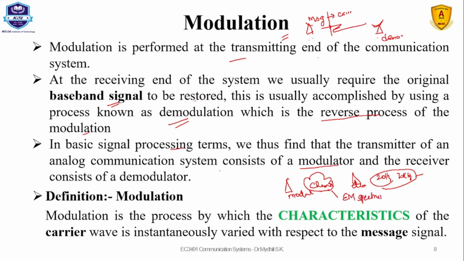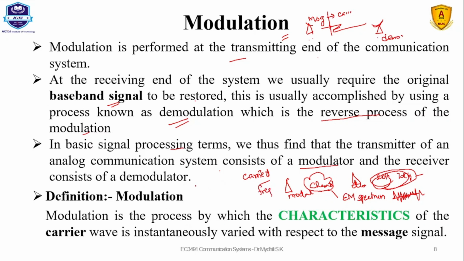This electromagnetic spectrum carries very high frequencies. So the message signal is to be carried by a different signal whose frequency is much higher than that of the message signal.